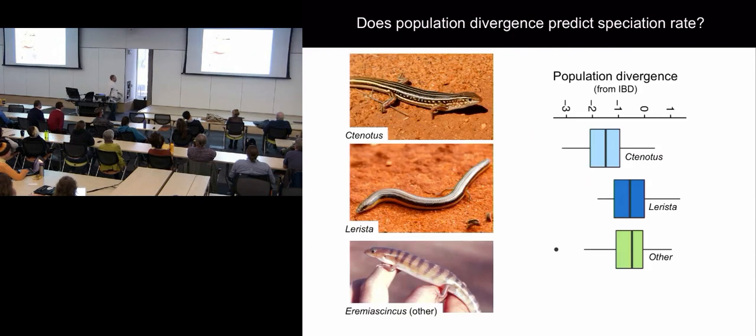Now, another way of looking at this: if I take those population divergences and bin them by the major clades within our data set, there are basically three major clades. You can see this group called Tenotus, the light blue group of points, and those species tend to have relatively low population divergence. Given that they have low population divergence, you'd predict they would also have slow rates of speciation, because their populations are more connected and they're forming incipient species at lower rates.